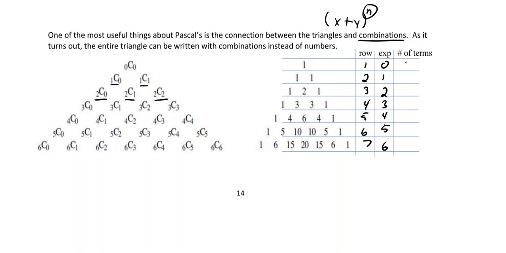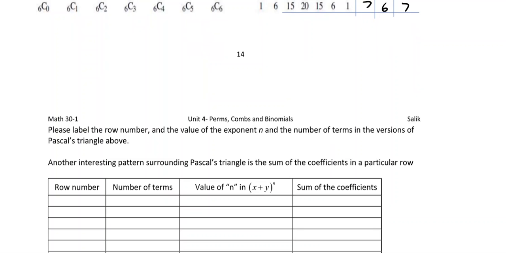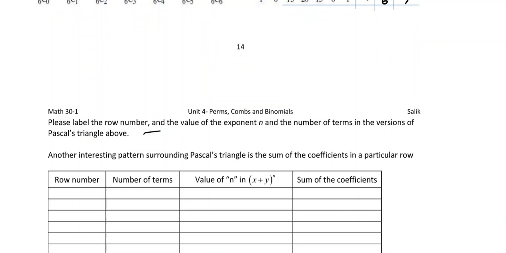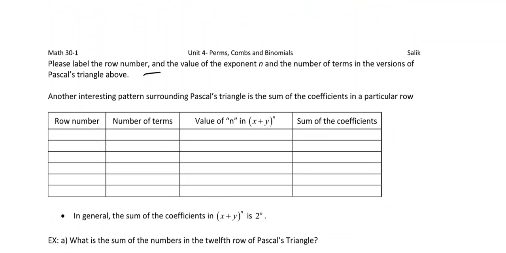And then the number of terms was the same as the row number: 1, 2, 3, 4, 5, 6, and 7. We're kind of getting there, putting everything together, and then we're going to make one equation out of this.